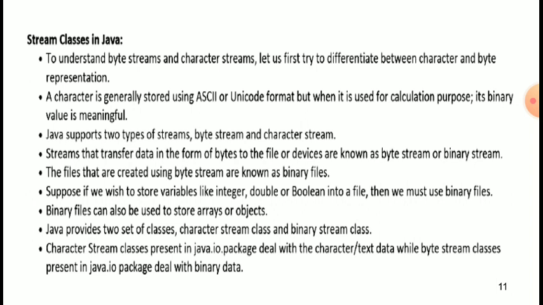Java provides two sets of classes: character stream classes and byte stream classes. Character stream classes present in the java.io package deal with character or text data, while byte stream classes present in the java.io package deal with binary data.